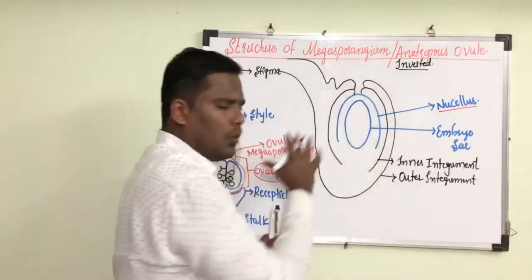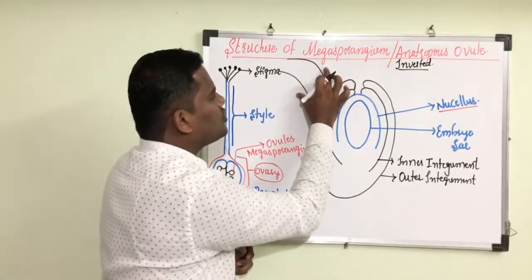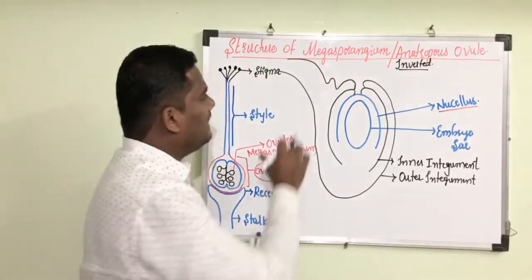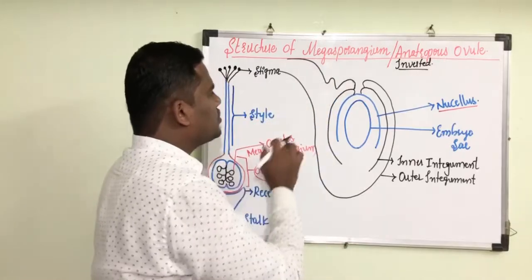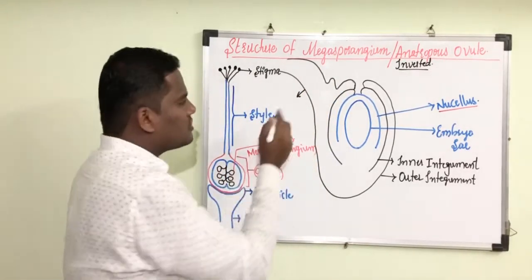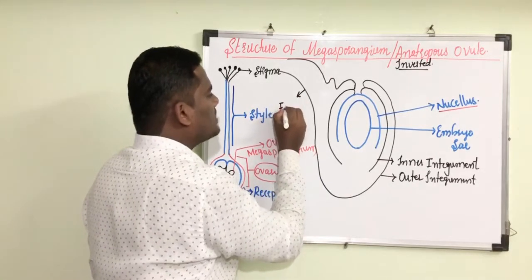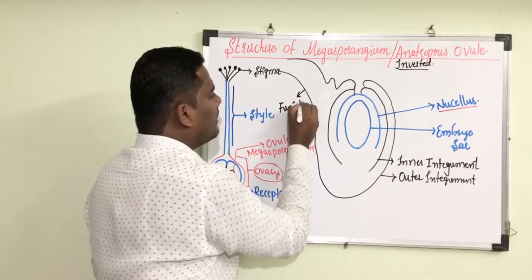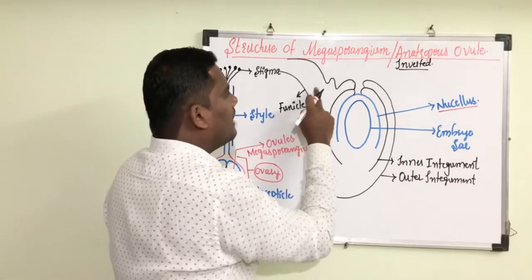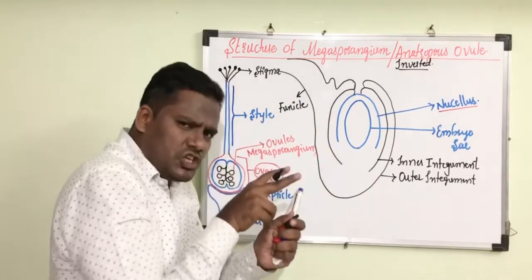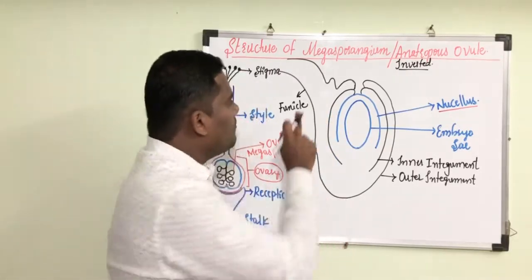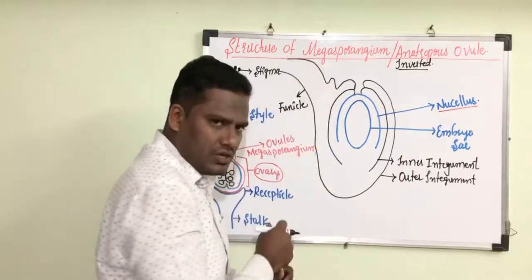This entire ovule is attached to the ovarian cavity by a placenta, and that placenta consists of a stalk-like structure called the funicle.